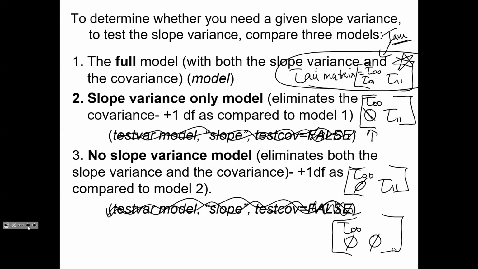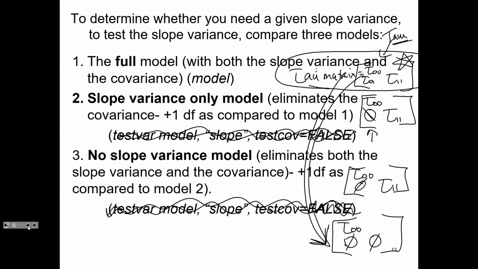And then the middle model in between those says, okay, well, maybe, because this is a 2DF test, when we normally eliminate a slope variance, we go from here to here, right? Because we eliminate this entire row.